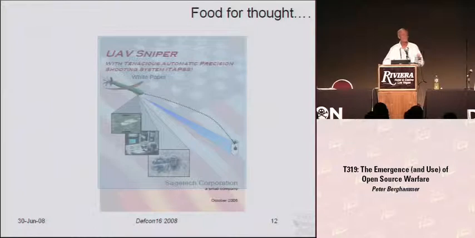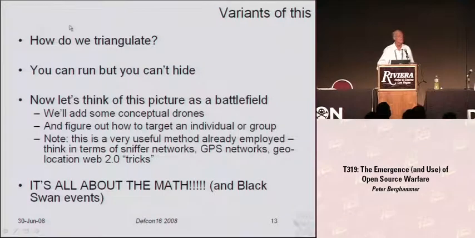Of course, on the battlefields we're fighting on in the Middle East right now, we're not worried too much about protocols because they don't exist to the same degree that they would in downtown San Francisco. But I do want to make you aware that things like UAV sniper aircraft have a very interesting little application. I'm going to go through a couple more slides.